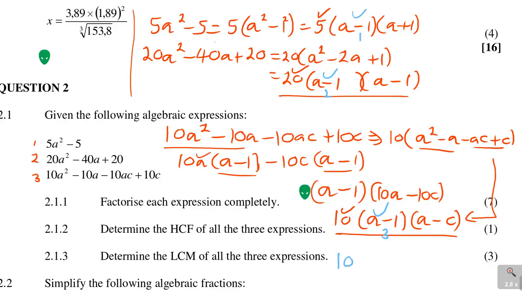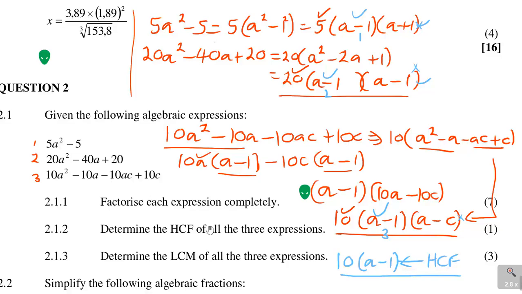What about a plus 1? A plus 1 does not appear. It appears here but not there, not there. The only thing that appears as an expression in the 3 is a minus 1. So it will be bracket a minus 1. So this becomes my highest common factor. That's my HCF in this case.